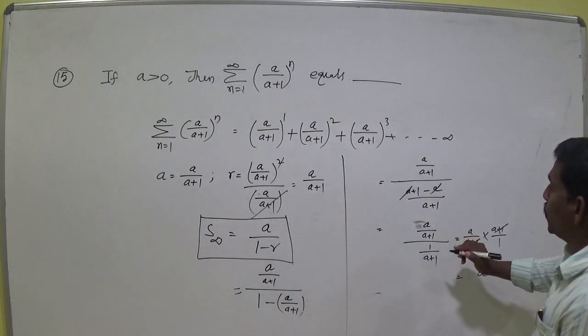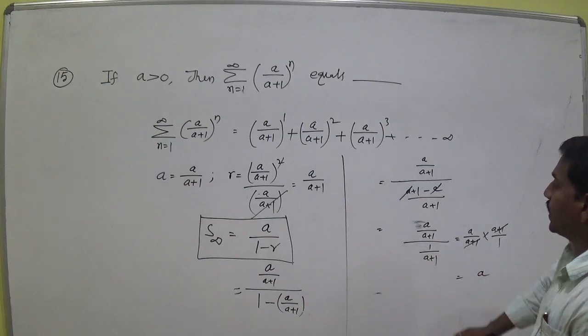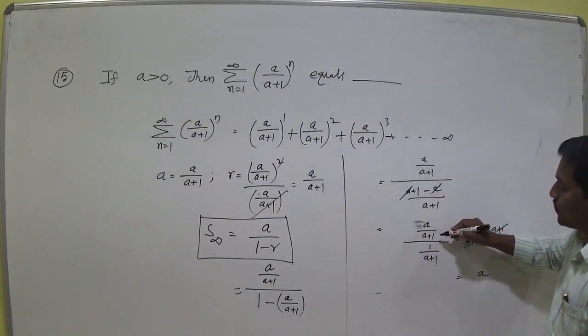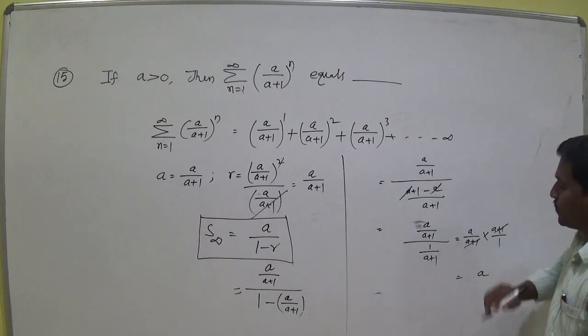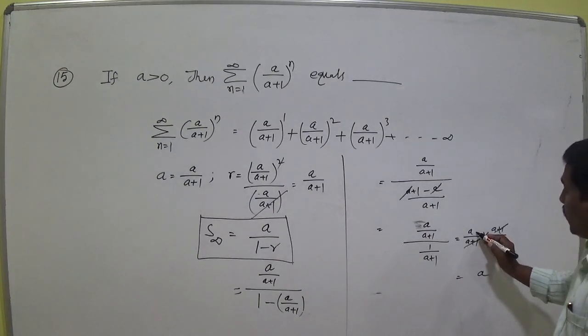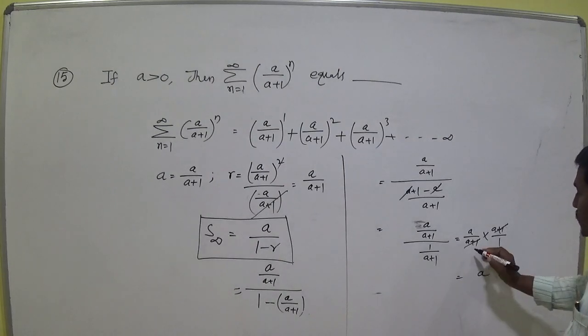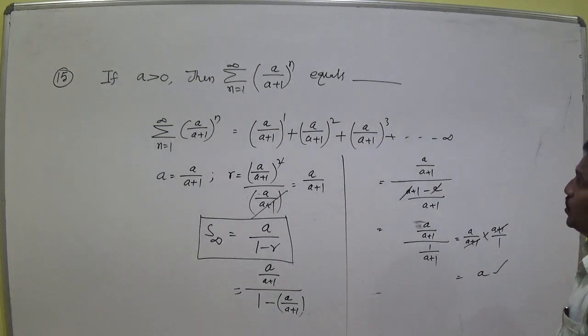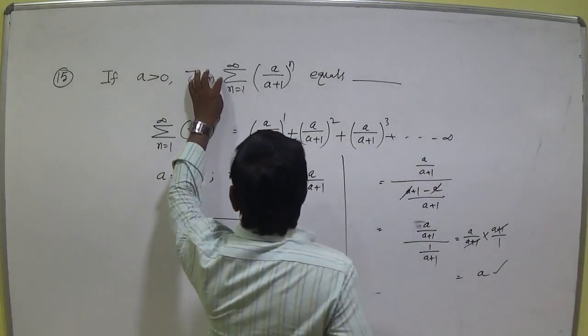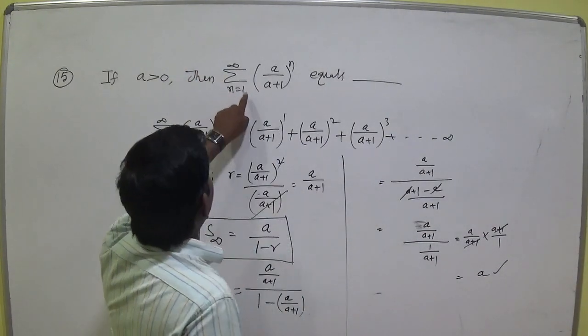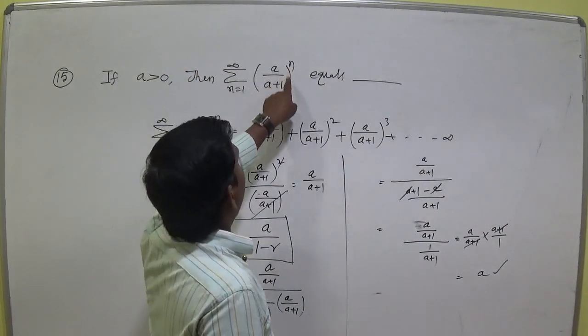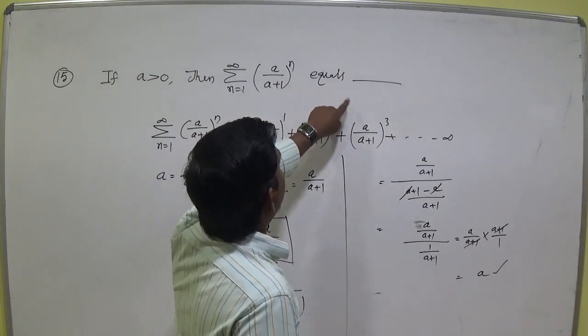So plus a minus a both are cancelled. A by a plus 1 by 1 by a plus 1. Here a by a plus 1 into a plus 1 by 1. A plus 1 both are cancelled. What is the remaining one? A. So sigma n equal to 1 to infinity a by a plus 1 whole power n equals a.